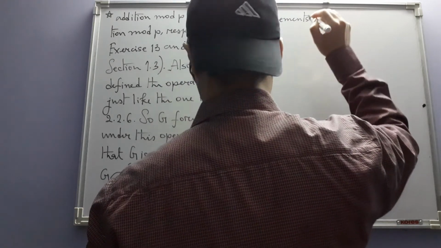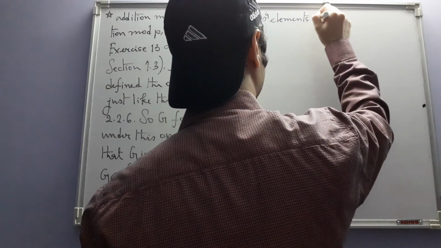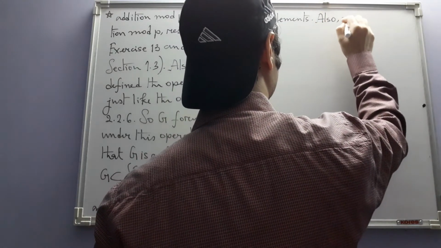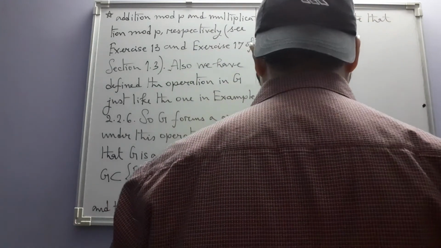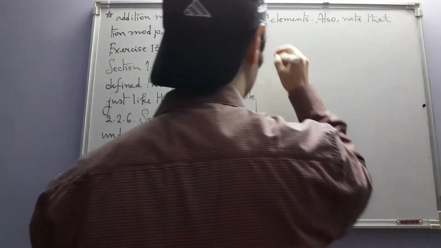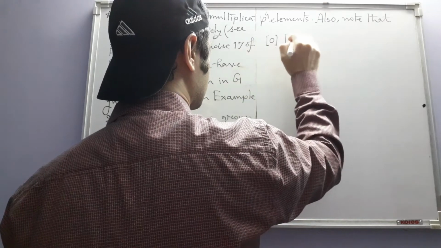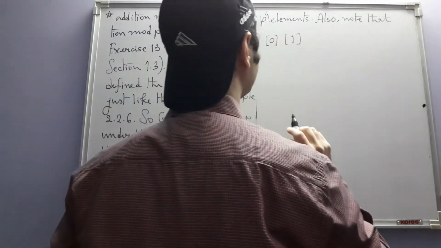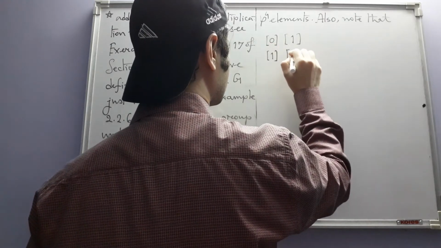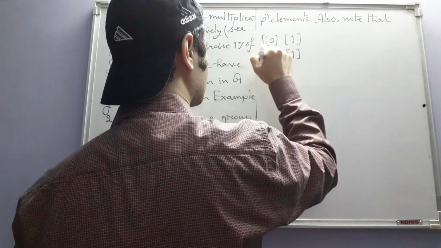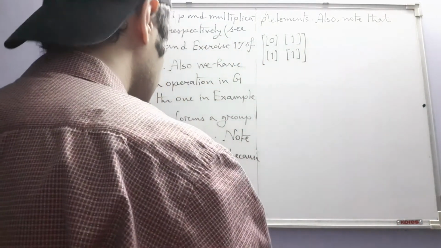Also, note what happens when we multiply these 2 matrices. The other has 0 here.